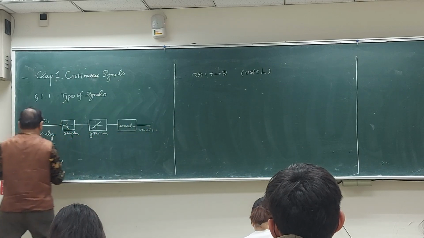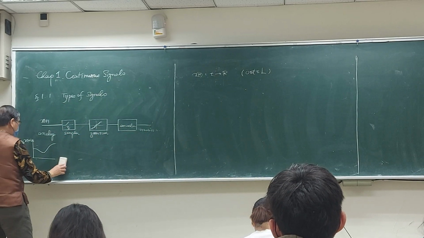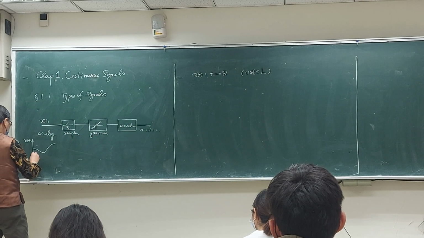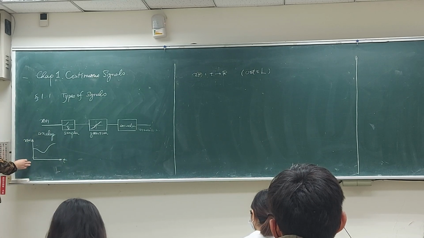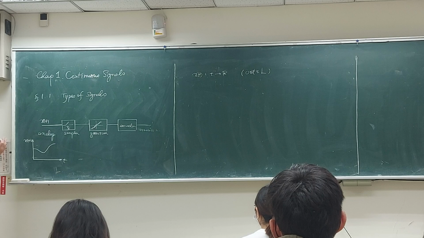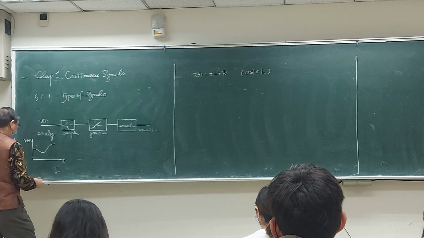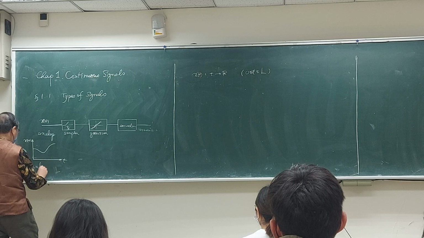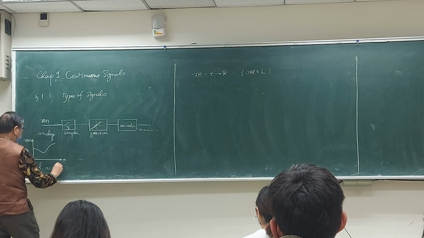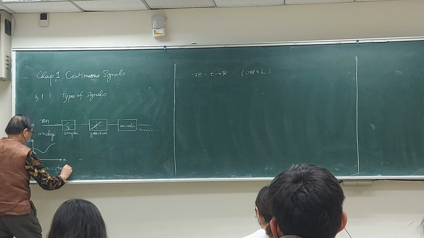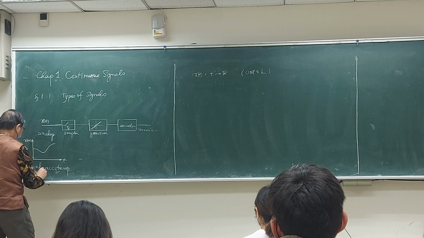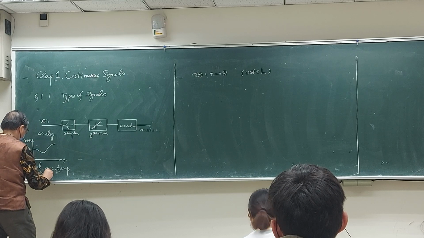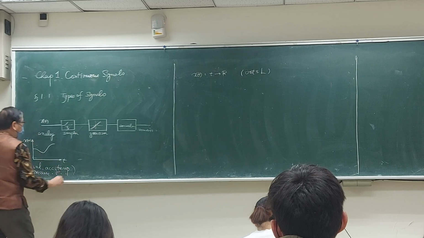So we have an analog signal coming from the sensor first. This can be, say, velocity, acceleration, or pressure or temperature, and so on and so on.